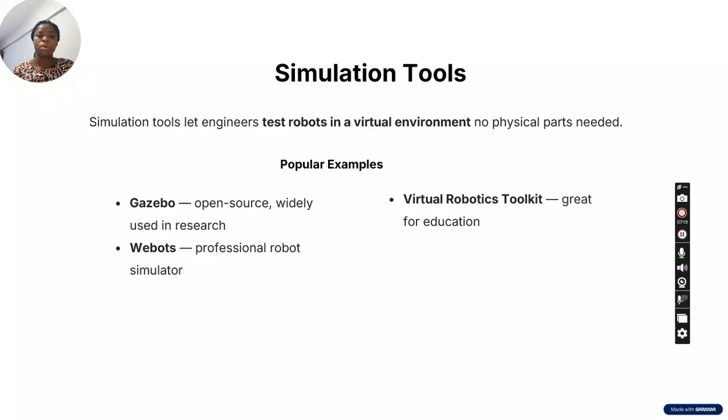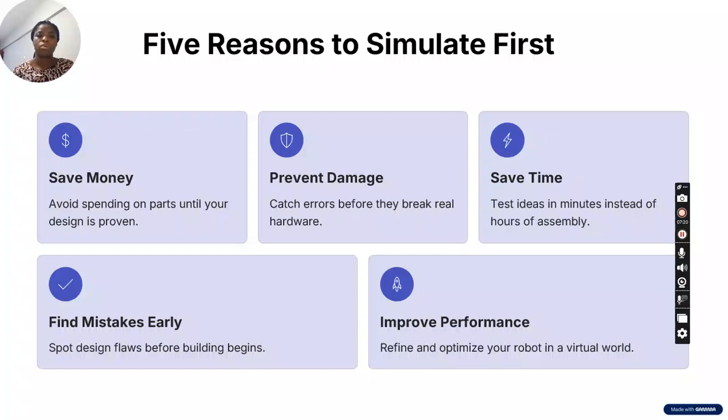Now let's take a look at why these simulation tools matter, or the reasons why we need to simulate first. 1. Save money. 2. Prevent damage. 3. Save time. 4. Find mistakes early. 5. Improve performance of the robot.